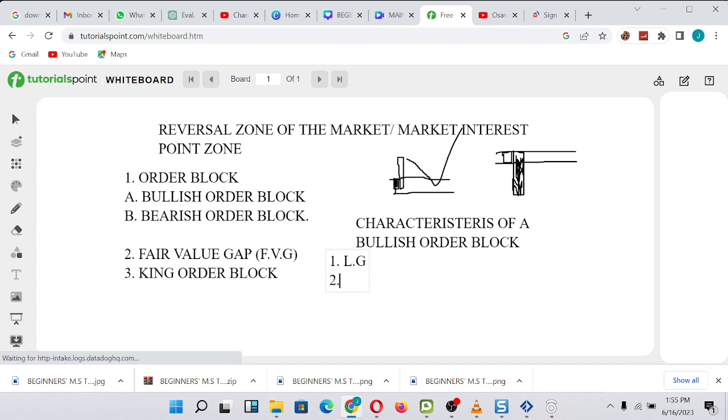The second one is that it must be an impulsive move away from the other block. Three, it must break structure, a break in market structure. Four, it must engulf.